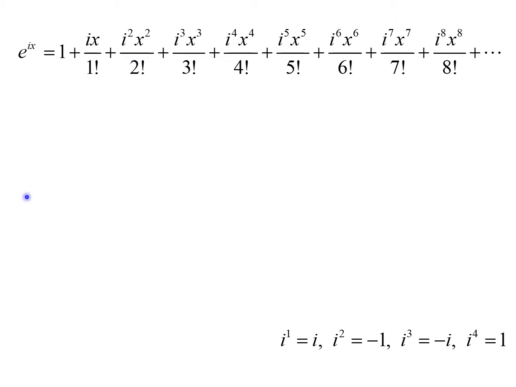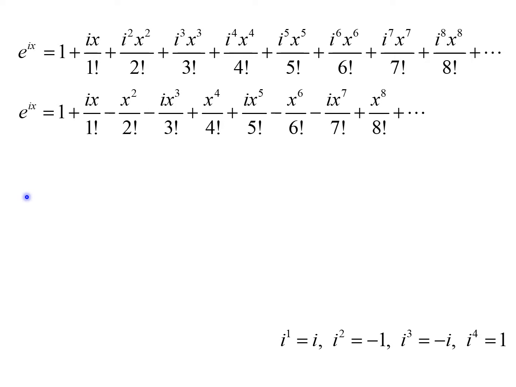So the next thing that I'm going to do is replace the i squared with a -1, and the i cubed, you see down at the bottom, with a -i, and the i to the fourth with a +1, and the i to the fifth equals i. i to the sixth is i to the fourth times i squared, so an i squared is -1.